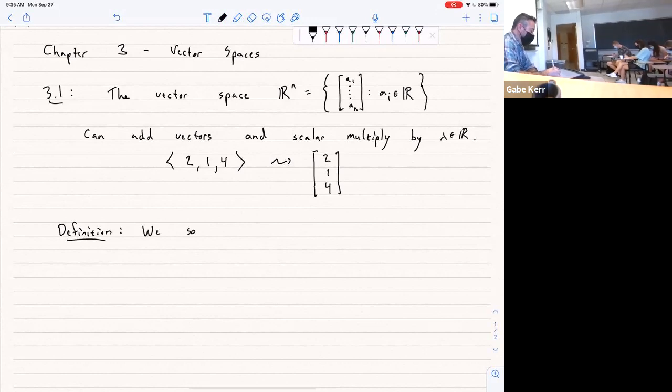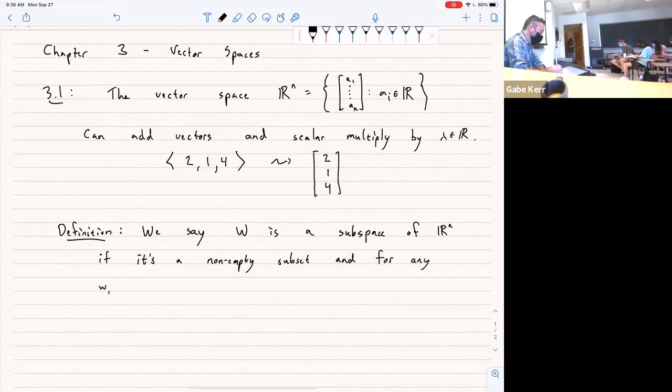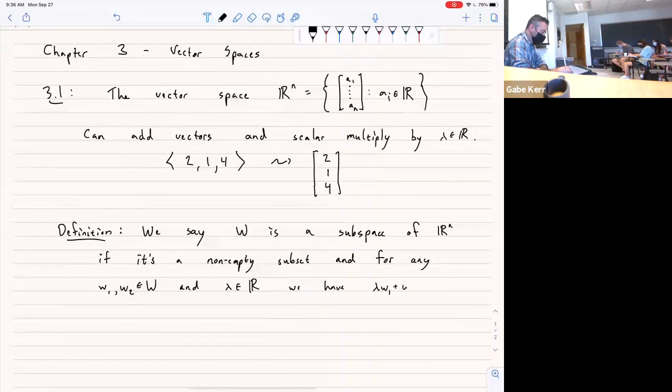We say W is a subspace of Rn, and we'll have this in more general settings in a moment, if it's a non-empty subset, and for any two elements W1, W2 of W and any element lambda of R, we have lambda W1 plus W2 is in W.